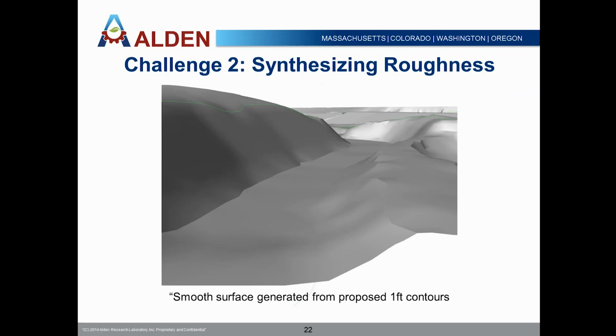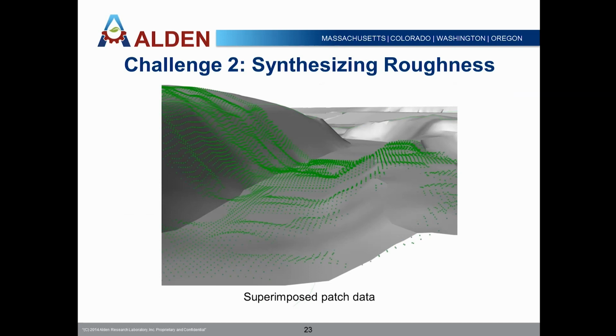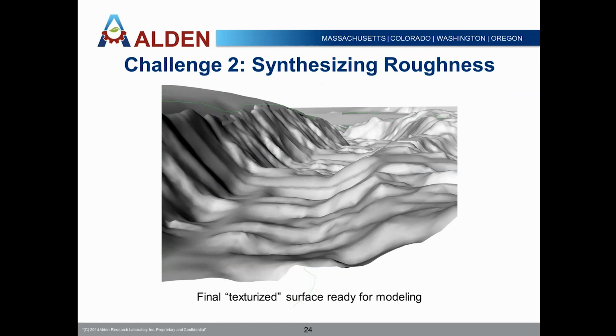So here's our relatively smooth proposed surface built from 1 foot contours in CAD. We drape that patch roughness over top. And then we map our surface onto that roughness to give kind of a synthetically roughened proposed surface with what we think the bedrock's going to break up like, so that we can explicitly model that net form drag in the 3D mesh block.